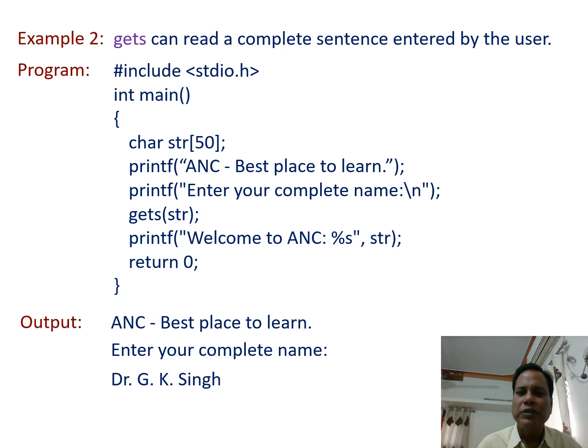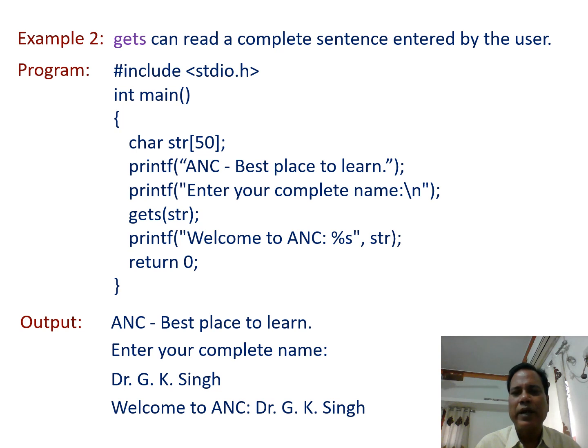And using the printf statement, we get the output "Welcome to ANC Dr. GK Singh". So at this %s format specifier, the content of the character array string gets printed.